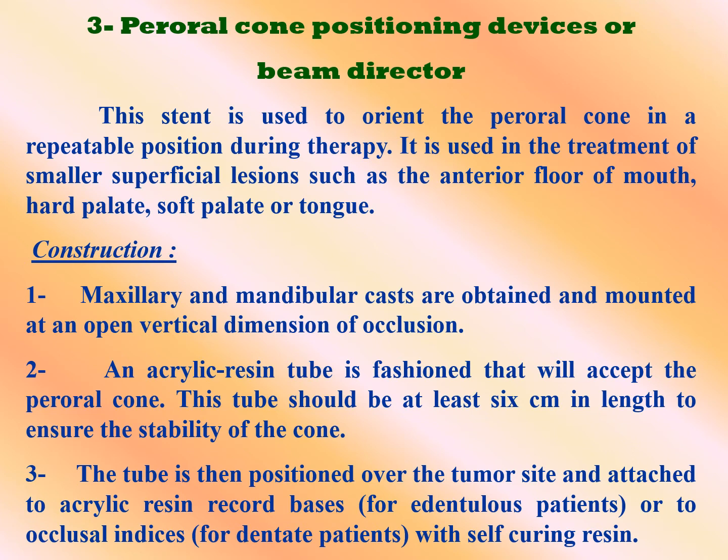The tube is then positioned over the tumor site and attached to acrylic resin record bases in case of edentulous patients, or to occlusal index for dentate patients, with self-curing resin.